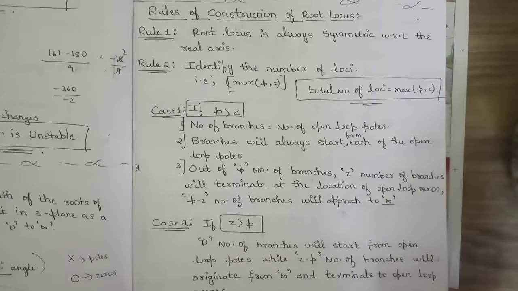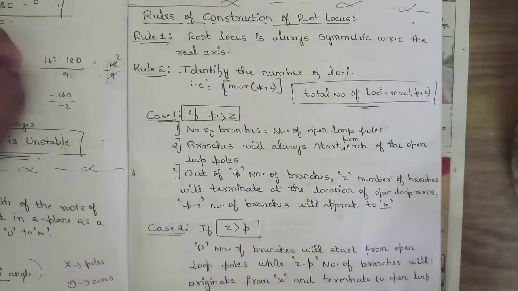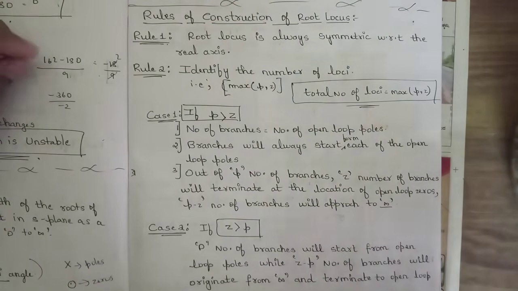Now comes the very important part which you should not skip: the rules of construction of the root locus. How do we construct the root locus in the graph? Before constructing the root locus in a particular S-plane, we need to know certain rules.